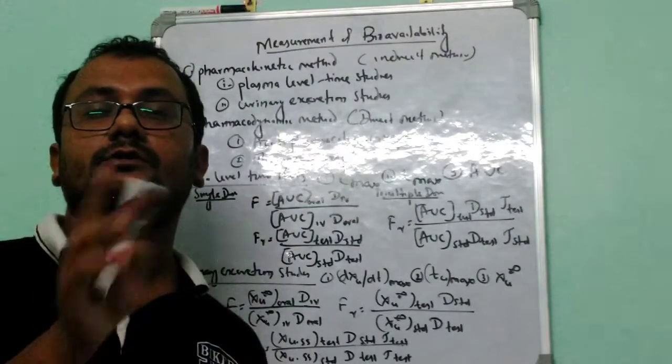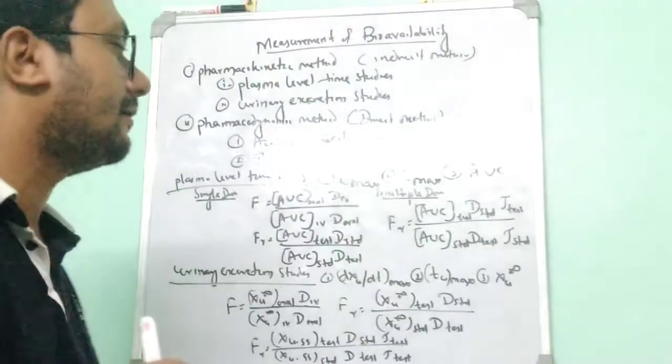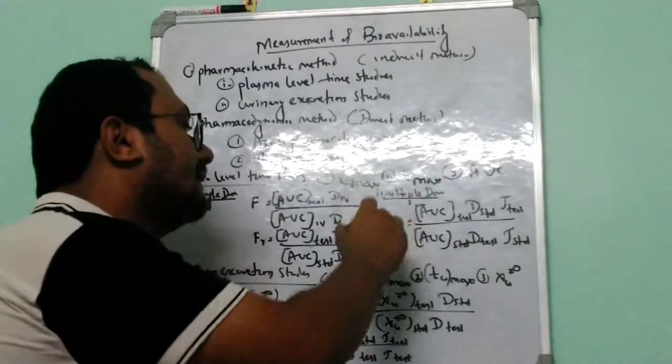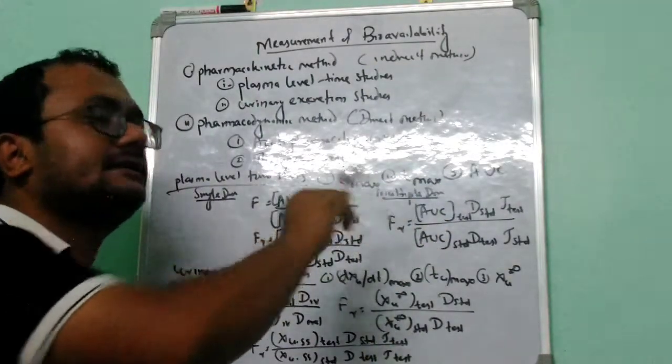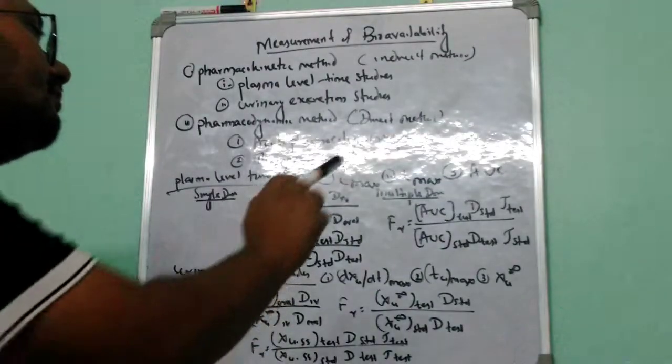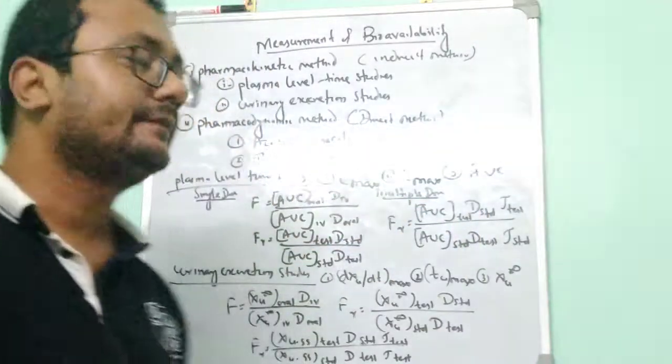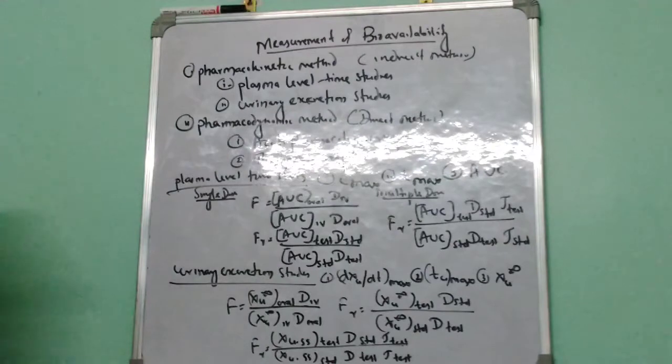What is the difference between the two doses? That is your dosing interval. So that we can calculate for multiple dose studies. There is a different formula; we have to add only the dosing interval in that. Like that we can find out the bioavailability term.